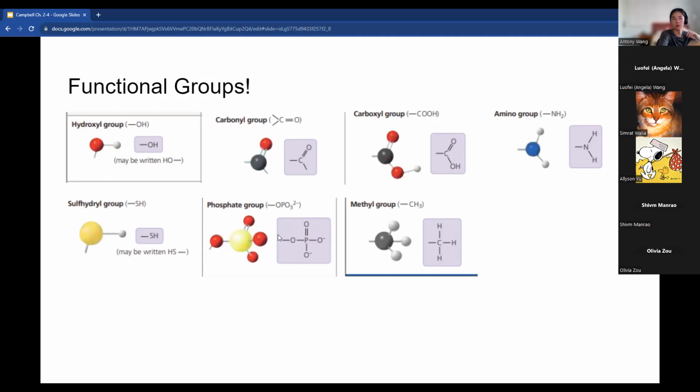These 5 are polar functional groups. Methyl is the only non-polar one strictly, but sulfhydryl is slightly polar. It's barely considered polar, if at all.